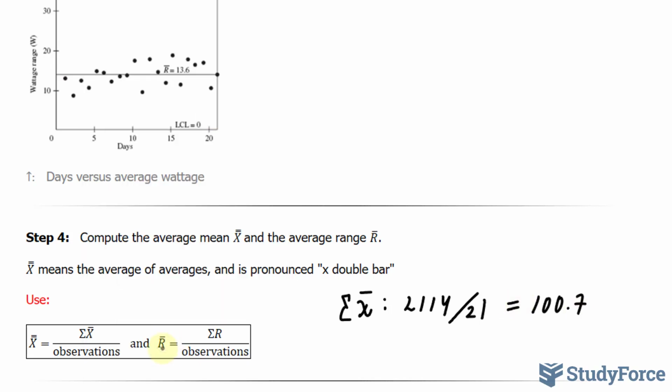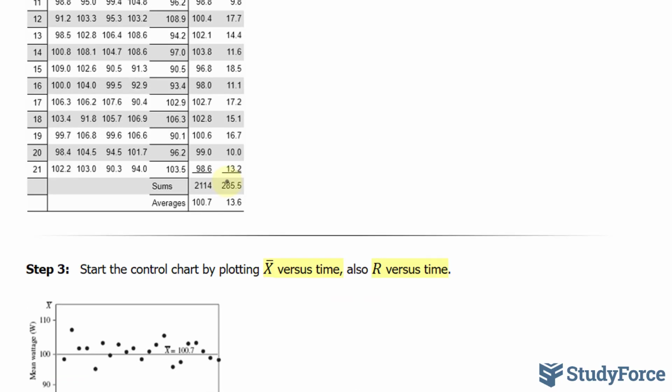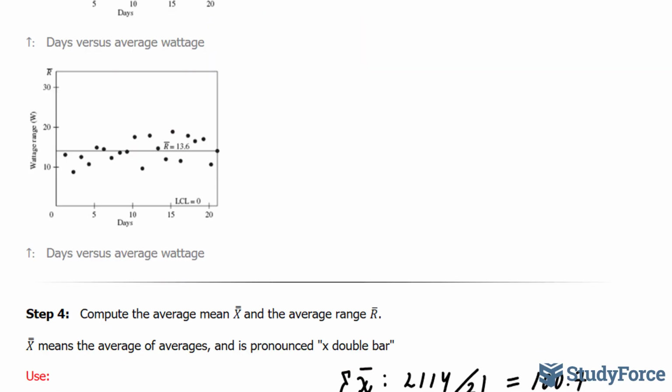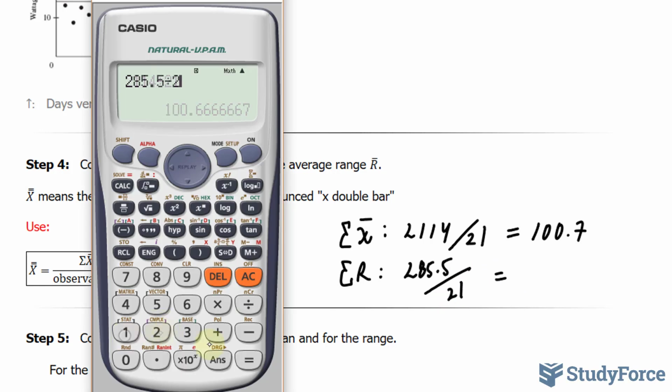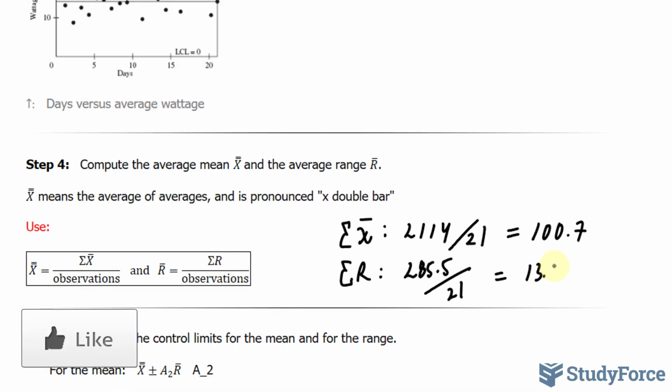To find R bar, which is this R in the line at the top, we're going to take the sum of all the ranges, and we have that calculated above, which happens to be 285.5. Divide that by 21, and this gives us an answer of 13.4.